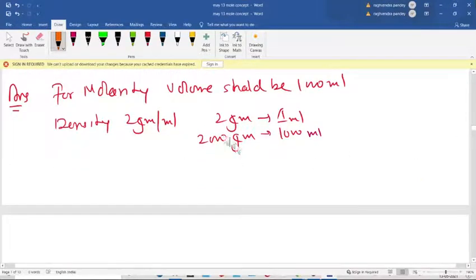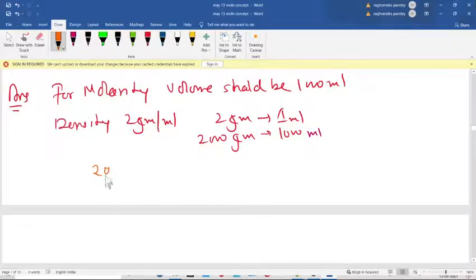So 2000 gram is what? Very good, very good. So all of you are getting this. So 2000 gram.